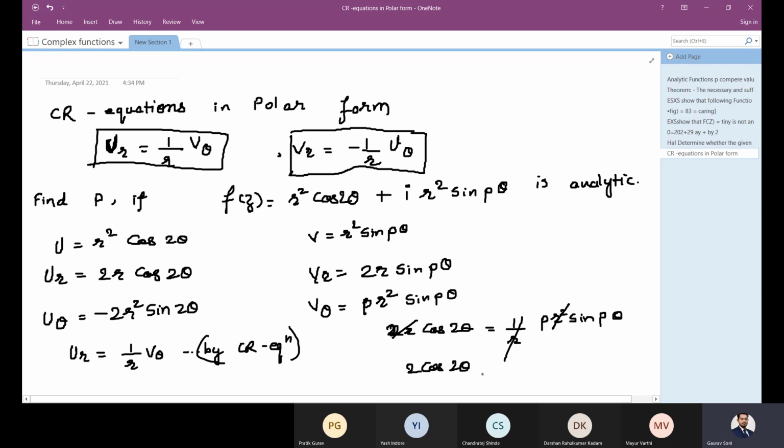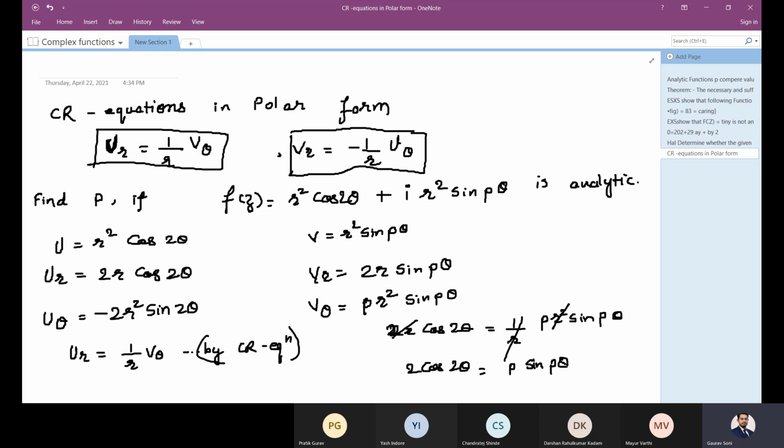Cos of 2 theta is equal to p cos of p theta.